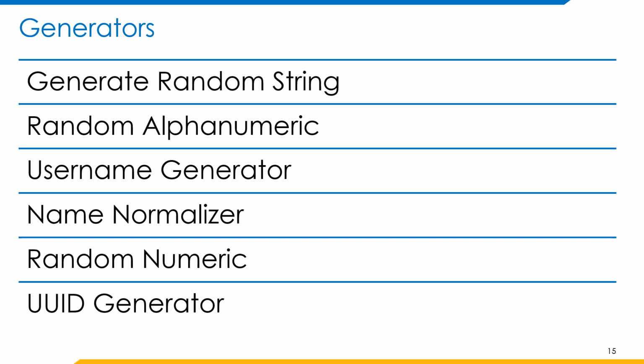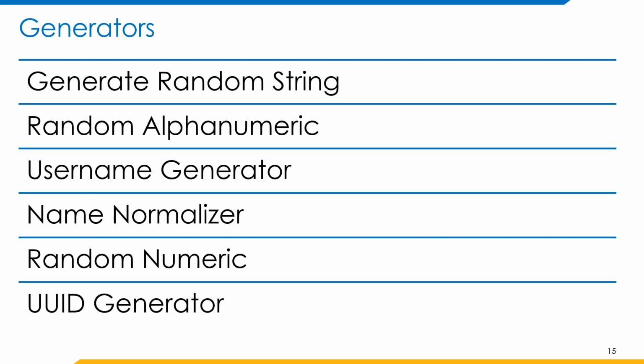The name normalizer transform is used to clean or standardize the spelling of strings coming in from source systems. The most common use for this transform is for names. Random numeric. The random numeric transform is used to generate a random number of any length. The transform default value is 10 characters and the maximum allowable value is 450 characters.